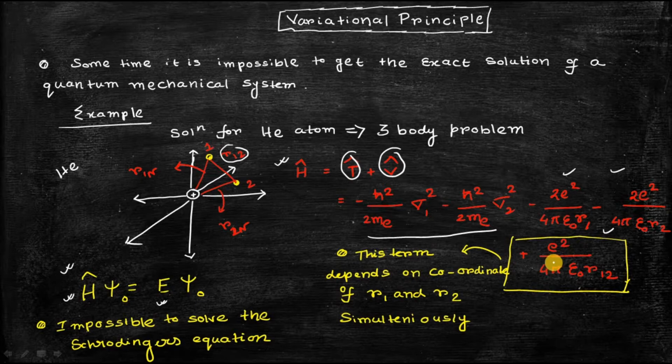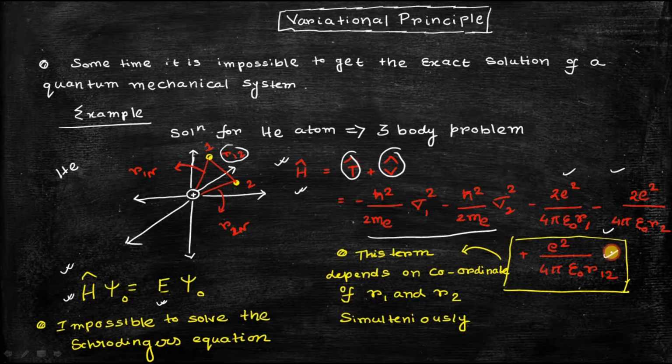Generally we can use the separation of variables principle to separate this Hamiltonian operator into two parts: the first part arises due to electron 1, and the second part arises due to electron 2. For all these terms we can use separation of variables because they are basically separated.